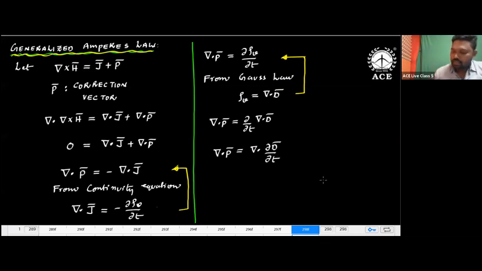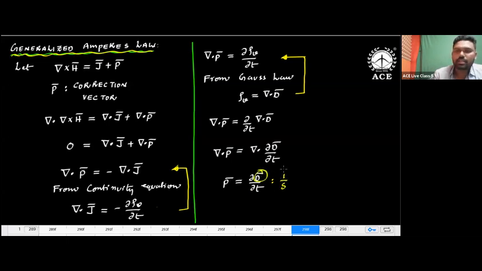Clear? On comparison, what you are going to get as the P value? P is equal to dou D by dou T. You have got a correction vector beta, isn't it? Now let us check its units. What are the units for this one? Here it is dou by dou T. Dou by dou T is nothing but per second.